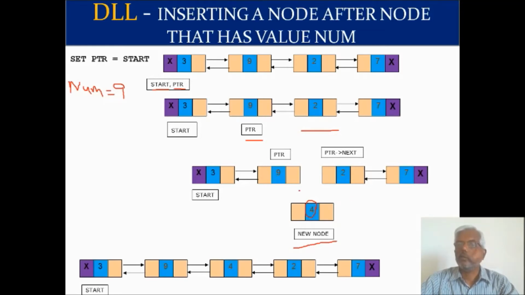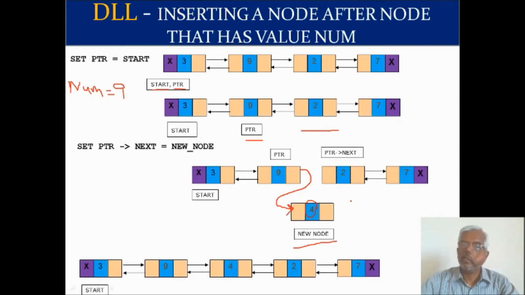So we know the name of this node is ptr, the name of this node is ptr of next, and the name of this node is new node. Now what do we have to establish? First we have to establish that ptr should point to this new node. So what statement can we write? Ptr of next is equal to new node.